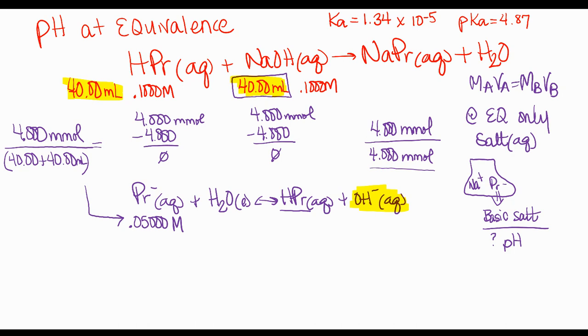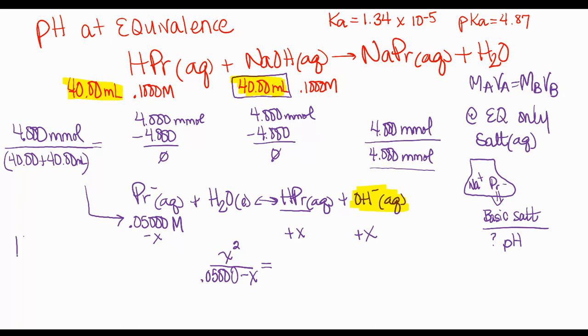So this is minus x, plus x, plus x. So then we have our x squared over 0.05000 minus x equals, and I'm going to take a minute for you to think about what this has to equal.